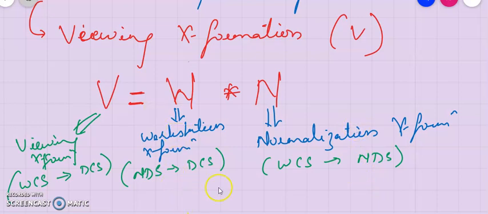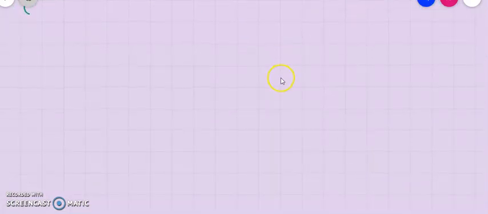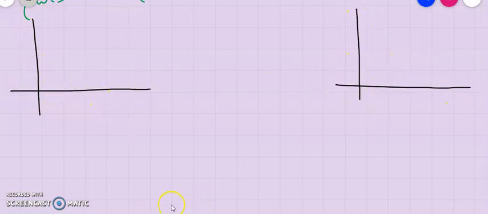Now next we see how it works numerically, that is window to viewport transformation basically, right? So quickly I'll be doing the same thing for you all out here, and this is the window, right?